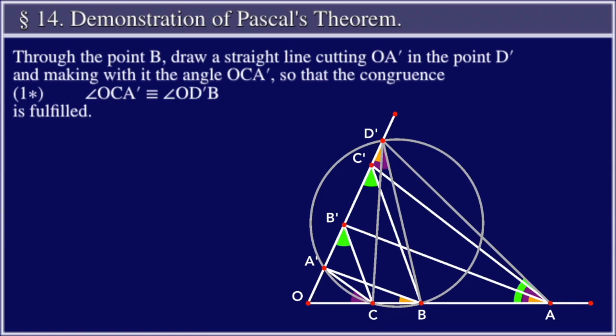Through the point B, draw a straight line cutting OA' in the point D' and making with it the angle OD'B, so that the congruence 1*, the angle OCA' is congruent to the angle OD'B, is fulfilled.